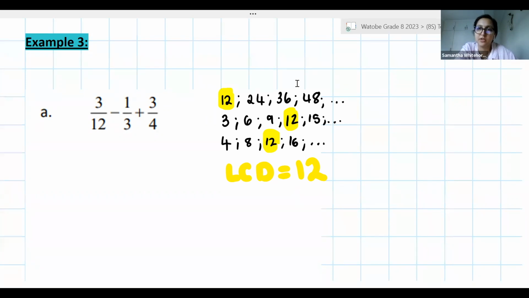Seeing some good answers so far. Let's keep them coming. Guys, remember, you can't just add those numerators as they are. You first have to change them. So you have to do the multiplication at the top and the bottom to get your LCD.